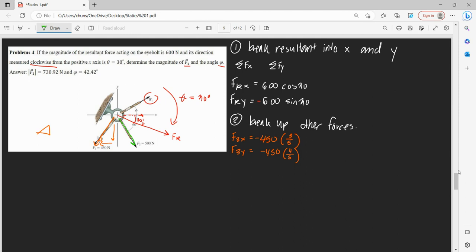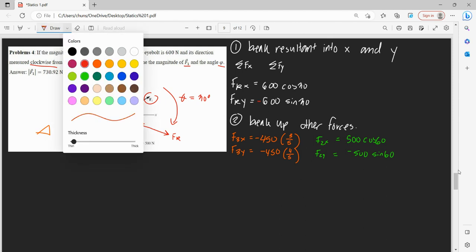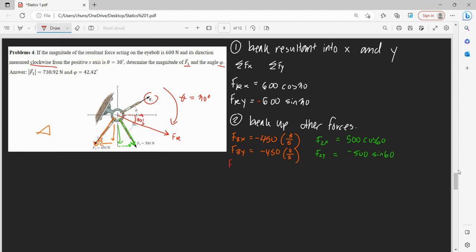Next, we have our F2, which is equal to 500 cos 60 in our positive x direction. And then F2y is 500 sine 60 in our negative y direction, because we are pointing downwards. Okay, and now to write for F1.